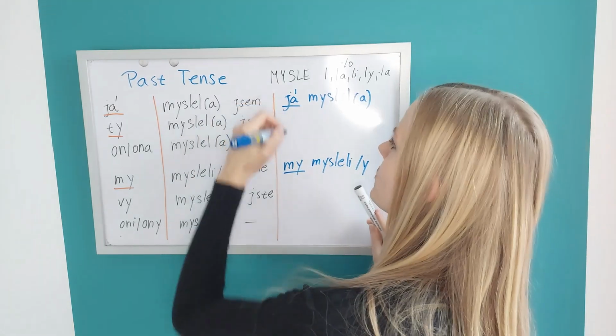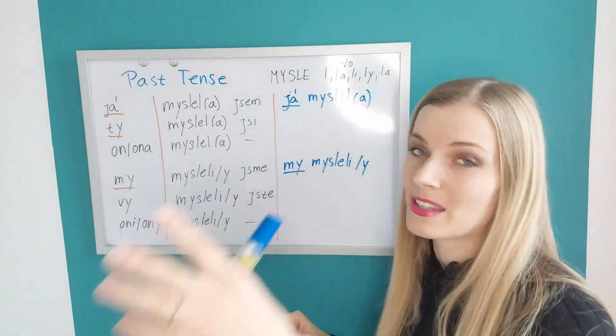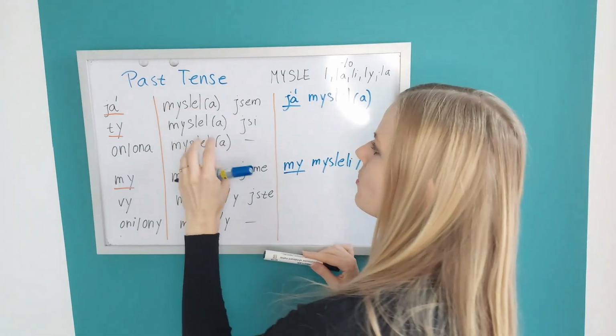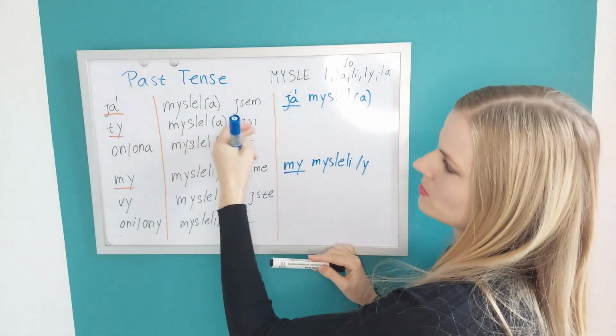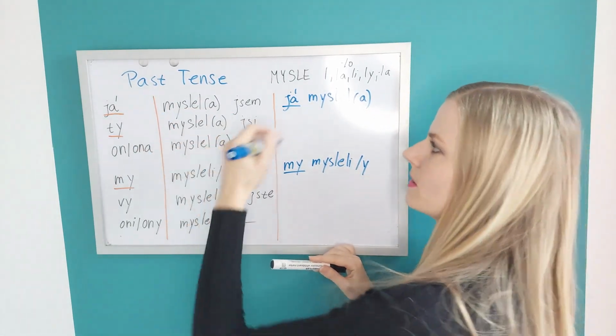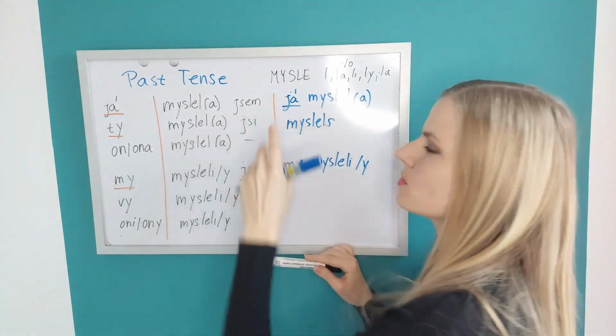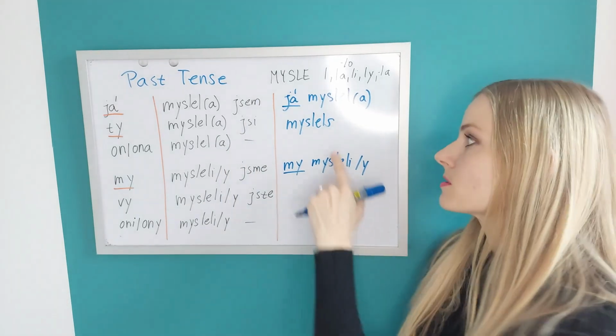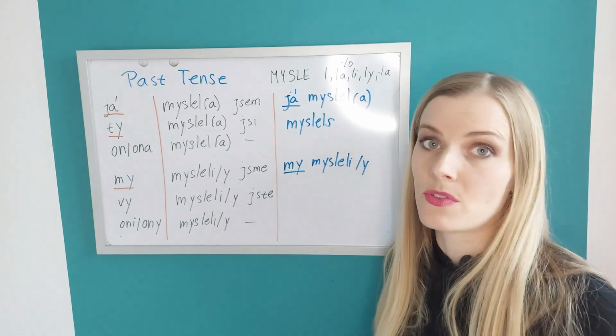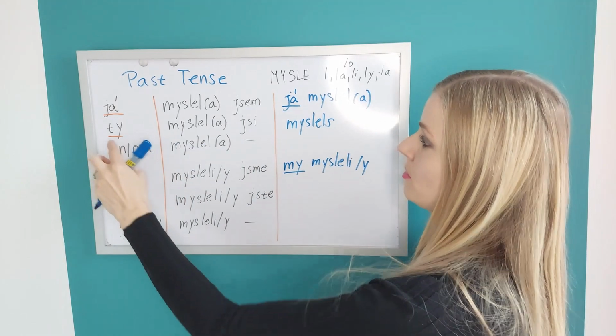Or we add it to any other word that appears at the beginning of the sentence. So what would happen here if we have only these two words in the sentence? We would say myslels. And we don't have to say ty because the s tells us it refers to this particular person.